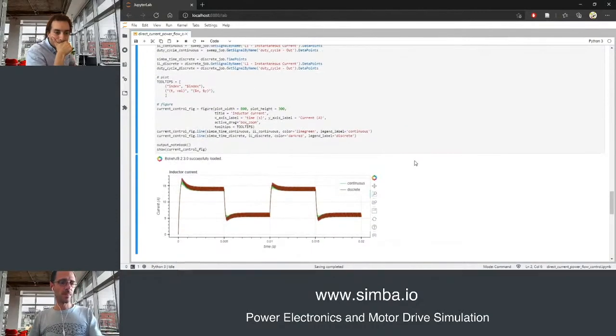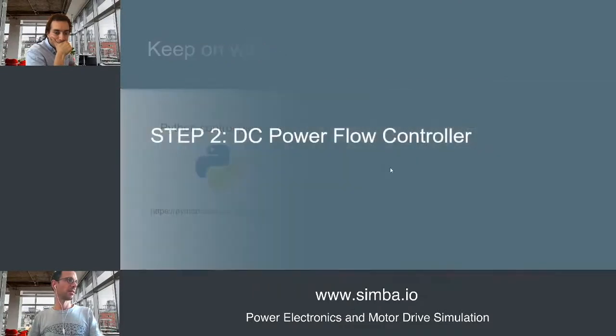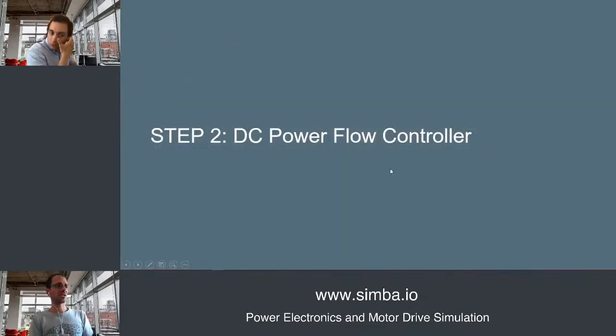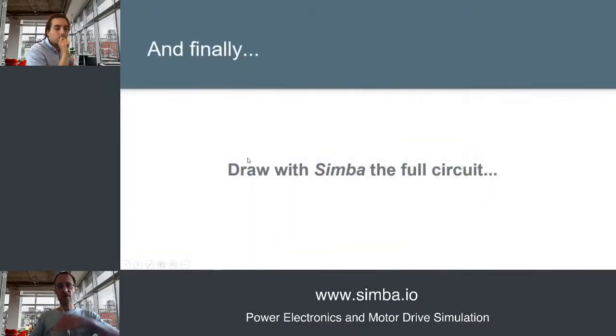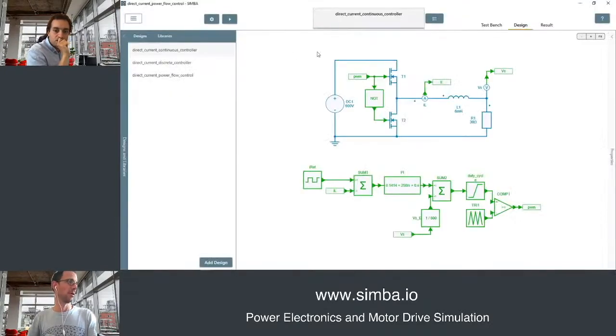So now let's keep on with step 2, that's to say the design of the DC power flow controller. We can go back to SIMBA in order to design the full circuits. Of course, I've already done these circuits. So here we are.